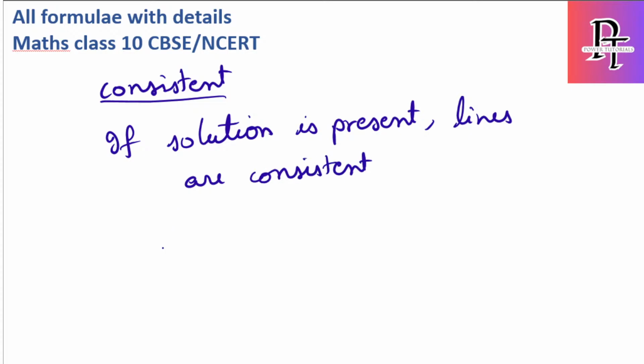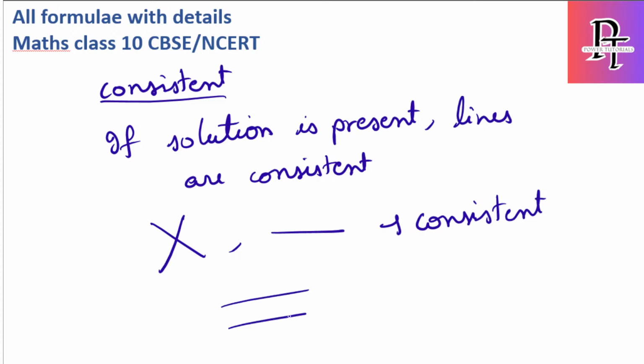So simply for intersecting and coincident, the lines are consistent, whereas for parallel, lines are not consistent. Okay, this is important for 1 mark and 2 marks concept, because they will simply give you two lines and ask whether the lines are consistent or not. They will give you some constant and ask you to find this constant value if these two lines are parallel. So simply you have to relate these ratio values and get the values.